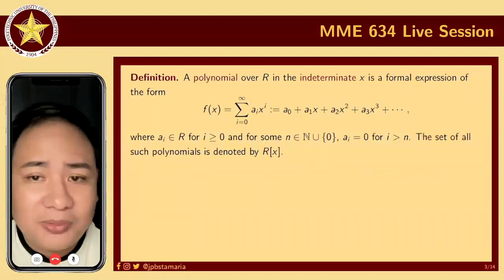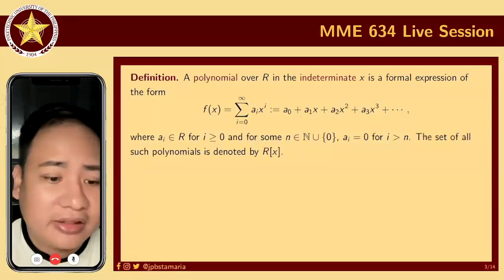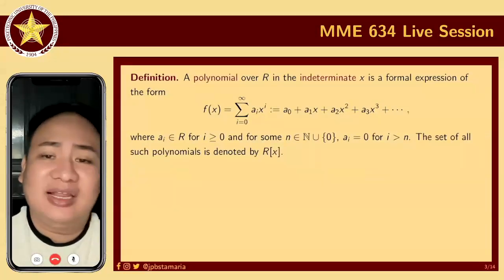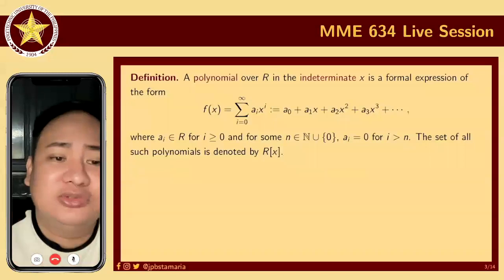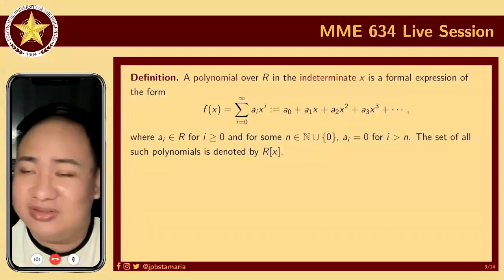The set of all polynomials of this form will be denoted by R square bracket x. So basically, a polynomial is actually infinite. We just write it as finite because the succeeding terms are actually zeros. We just don't write them.